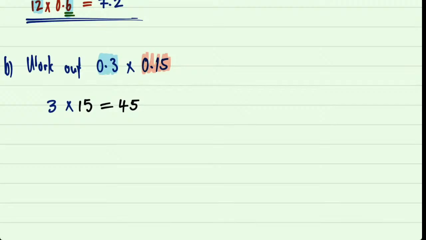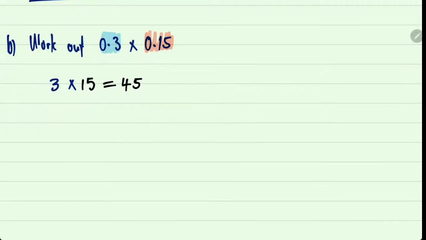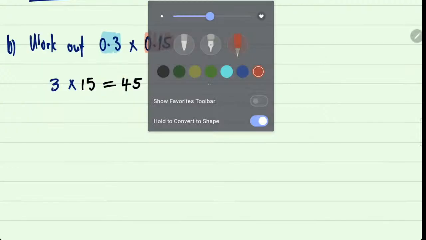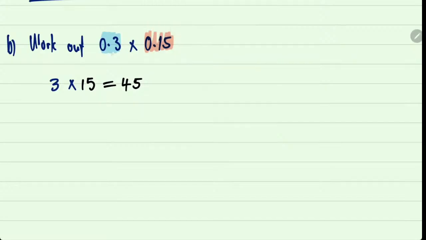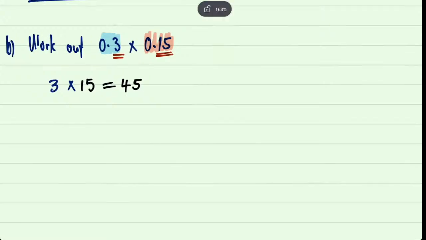Now, how many digits do we have after the comma? On 0.3, 1 here. What about on 0.15? 2, exactly. So we have 1 digit after the comma here and 2 after the comma here, so in total we have 3 digits after the comma.